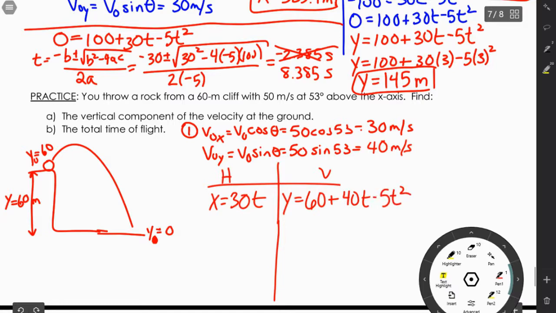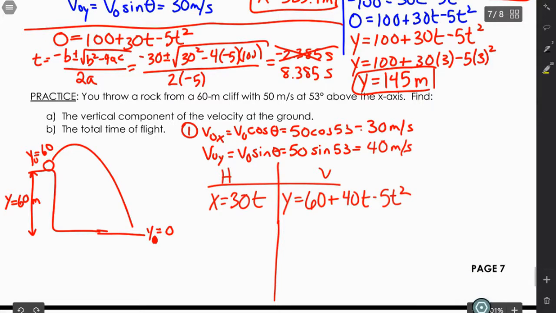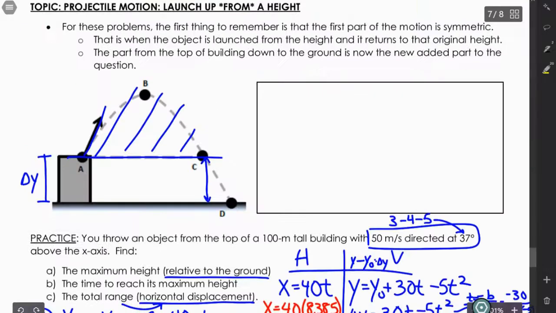If we want to find the total time of flight, let's answer part B first. Again, we're going to use that quadratic equation. So here we're going to say t equals negative b plus or minus the square root of b squared minus 4 times a times c.